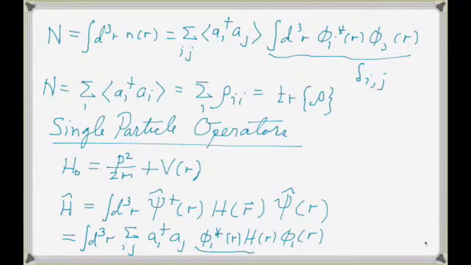And this thing here is just the matrix element, what we've always called H ij. That's just the matrix elements of your Hamiltonian in your localized orbital representation, including the integral of d cubed r. Those are just the matrix elements of your Hamiltonian in your usual localized orbital representation.